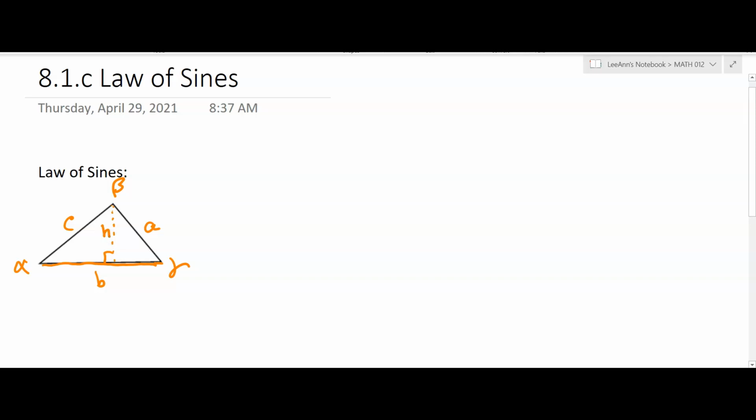Because I have this right triangle right here, I know something in the world of trigonometry: the sine of alpha is equal to the opposite, H, over the hypotenuse, C. If I solve for H, multiplying by C, I get C sine alpha equals H. But I also have a right triangle over here.